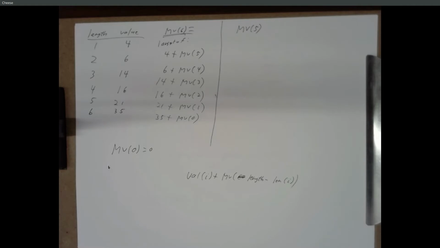And sometimes you'll find two things that give you the same max val. That's okay. If you're just looking for the maximum value, it shouldn't matter which one you pick.